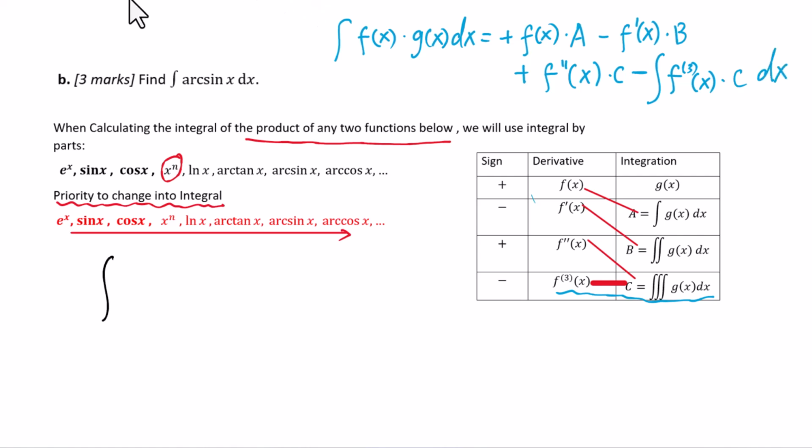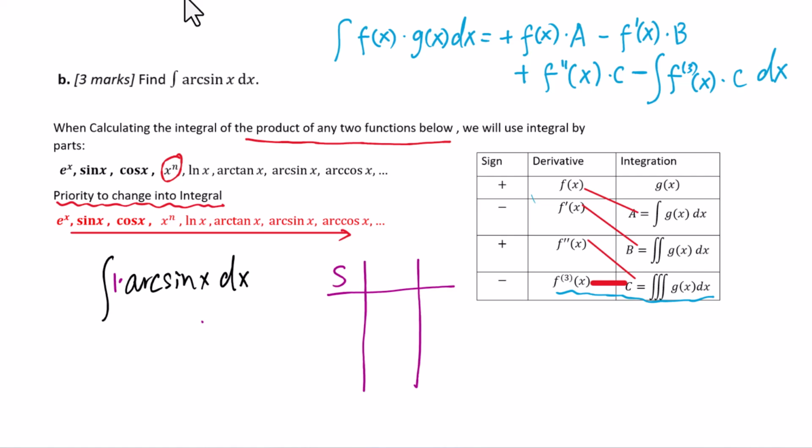Therefore, for integral of arc sin x dx, consider this as 1 times arc sin of x. S D I, sign, derivative, integral.